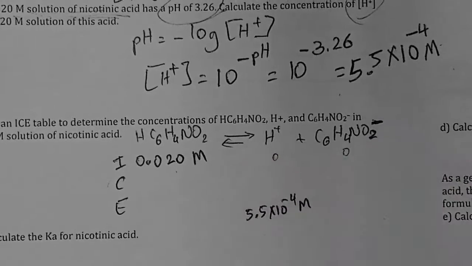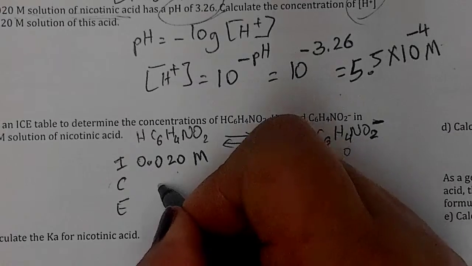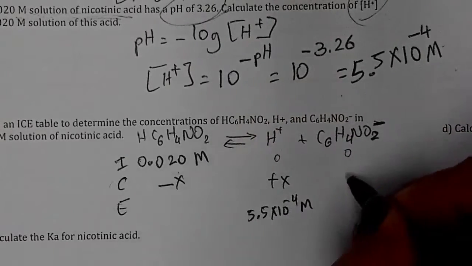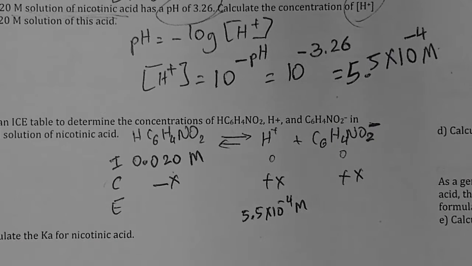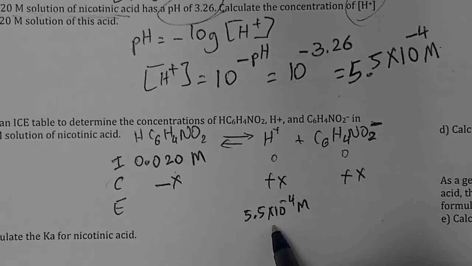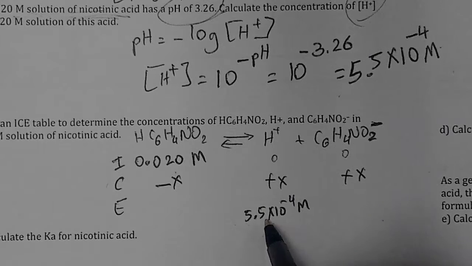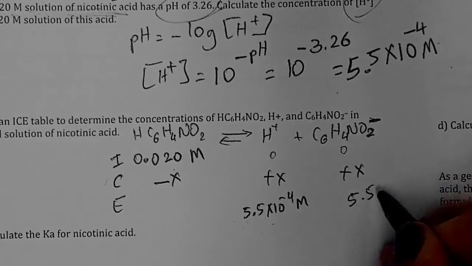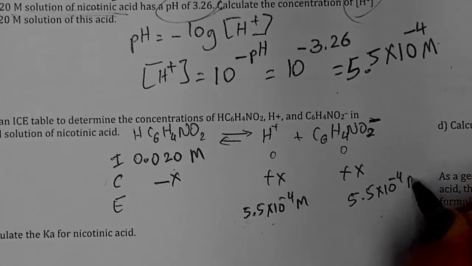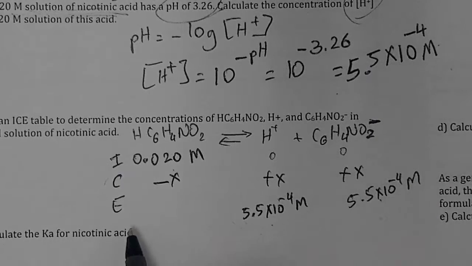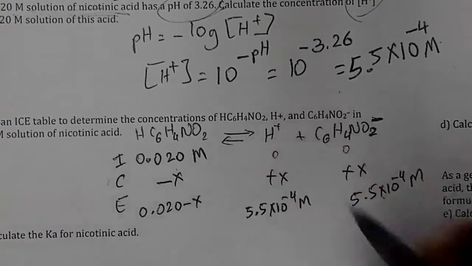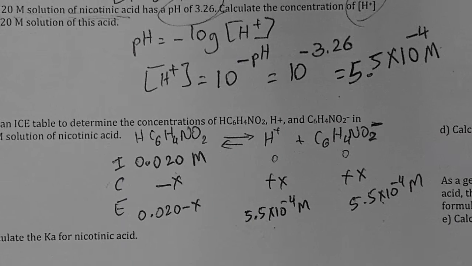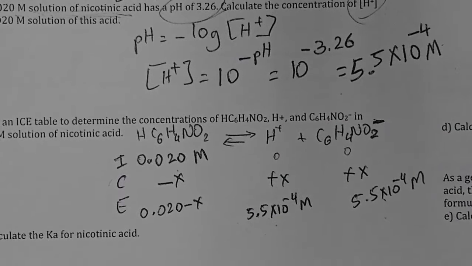It's going to dissociate. Minus x, plus x, plus x. Your I is actually really easy. This should just be x, but it's this number, so that means that's this number. How do we find this? Subtract it, because it's 0.020 minus x. Your x is this. Subtract it. Okay? Make sense?